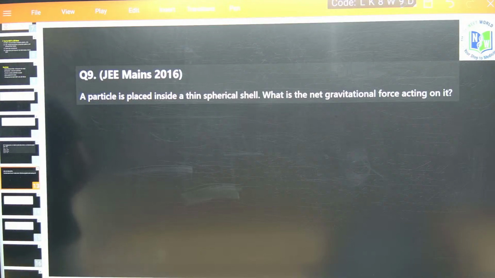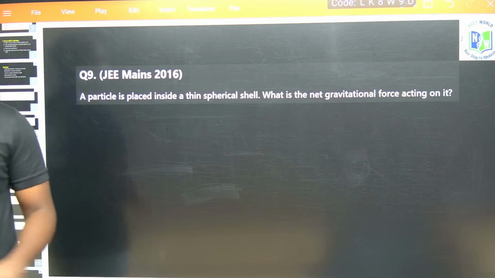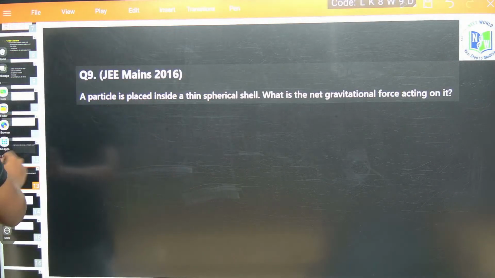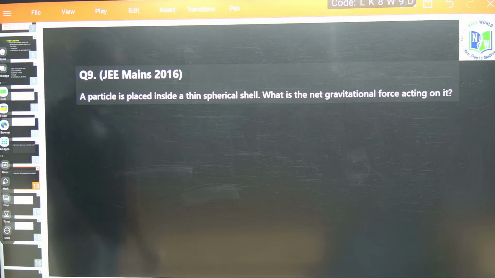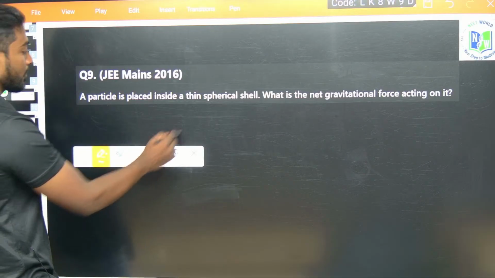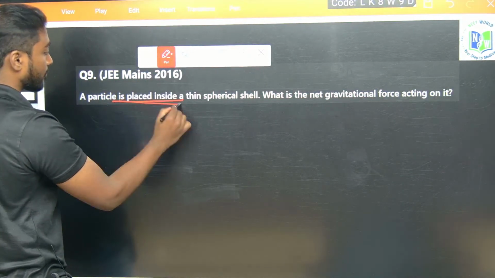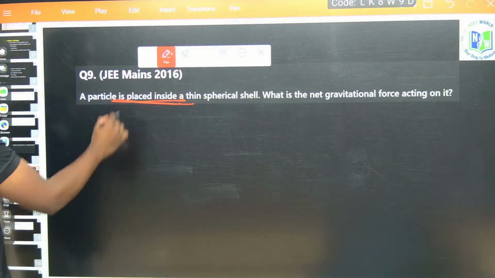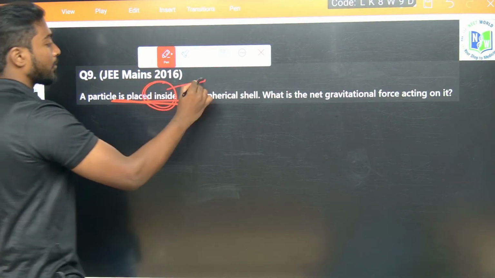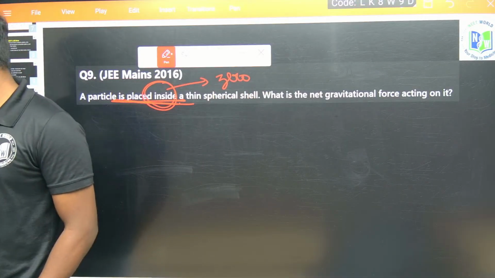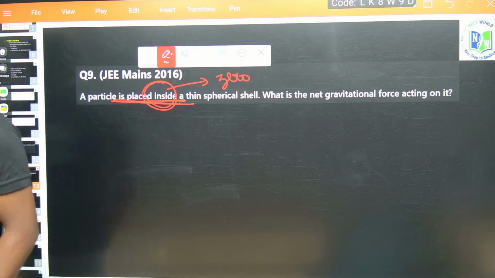If you study, it will be easy, guys. The gravitational force inside a thin spherical shell is 0, because the particle is placed inside. Intensity is 0, obviously.